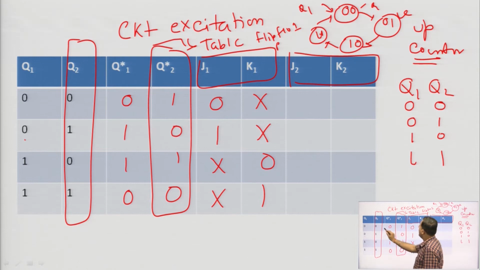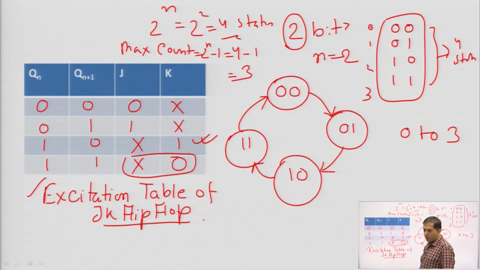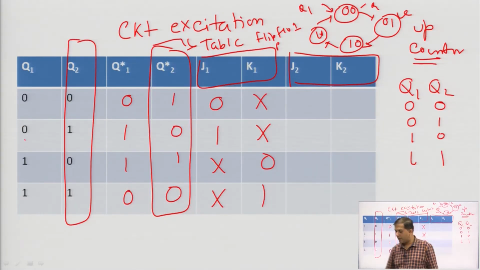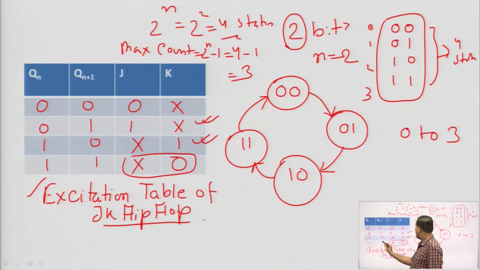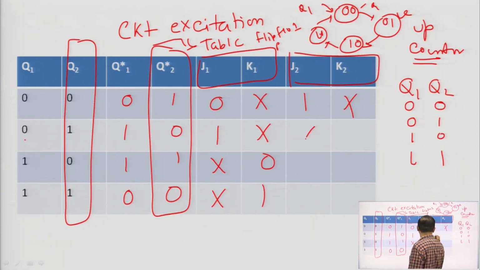For 0 1 we will have 1 cross, so J2 K2 is 1 and cross, got it. Then for 1 0 we have cross 1.